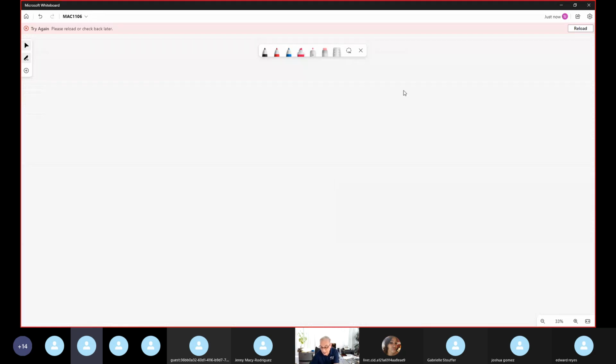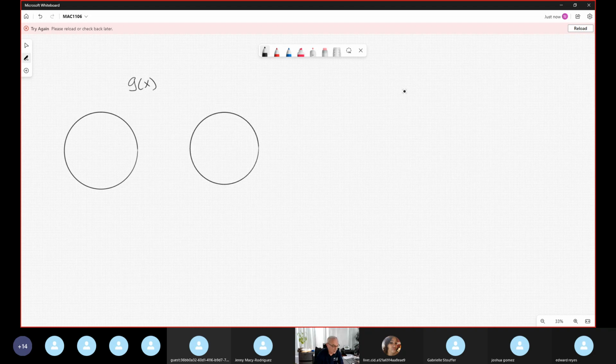Using an arrow diagram. Suppose that we have a function g, and the representation for the function g using an arrow diagram looks like that. We have different values that represent the domain.